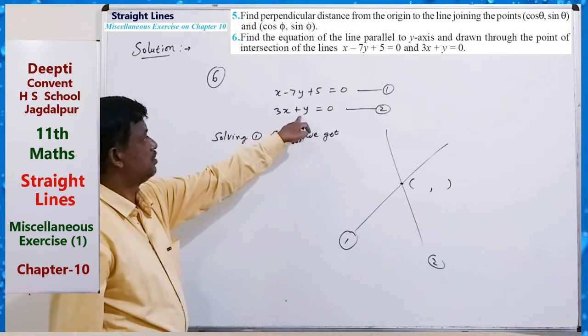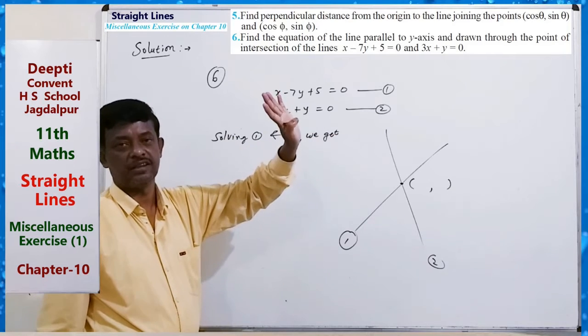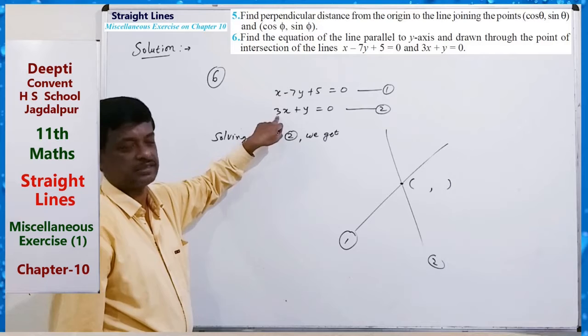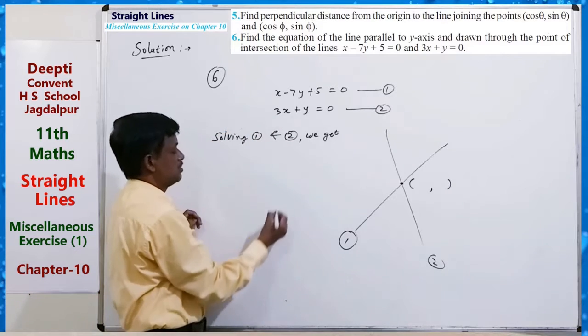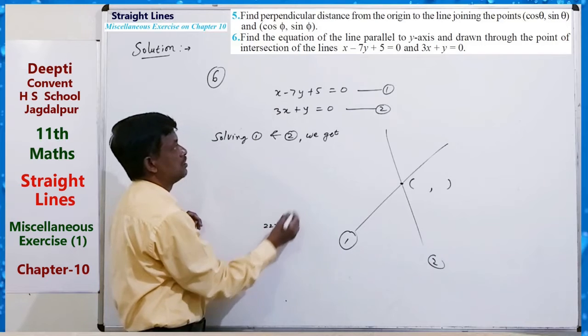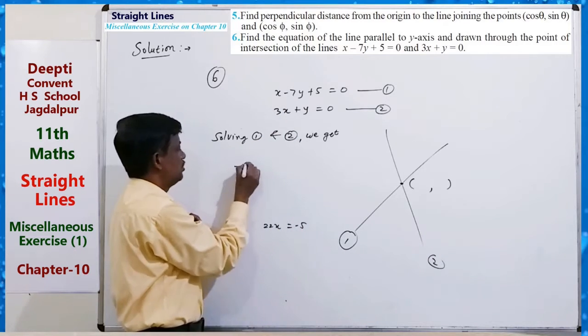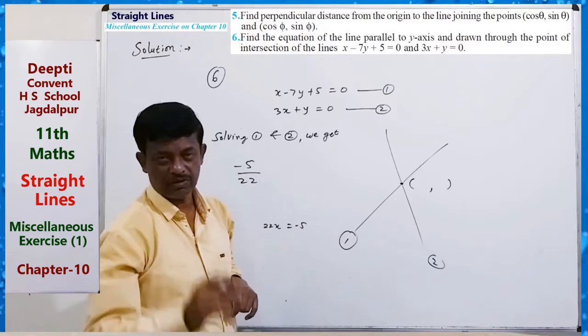Just multiply the second by 7 and add. Then 7y cancels. 21x plus x is 22x, so 22x equals minus 5. So x is minus 5 by 22.